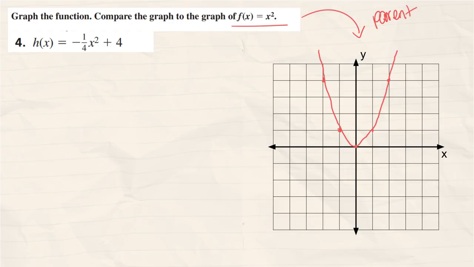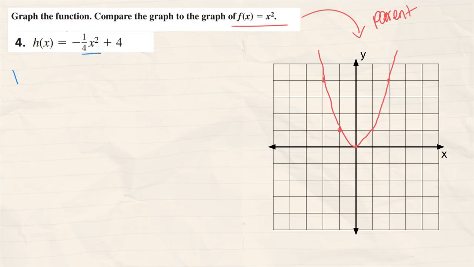Now here I can see that I have a shrink. Why am I going to have a shrink? I have a shrink because this is less than, right? It's less than. A is less than 0. And I also have a negative in front of there. So that means that my U shape is going downward, correct?